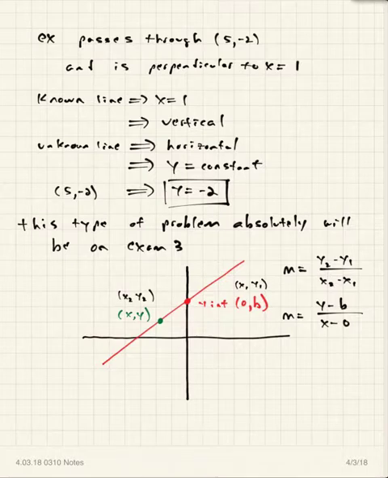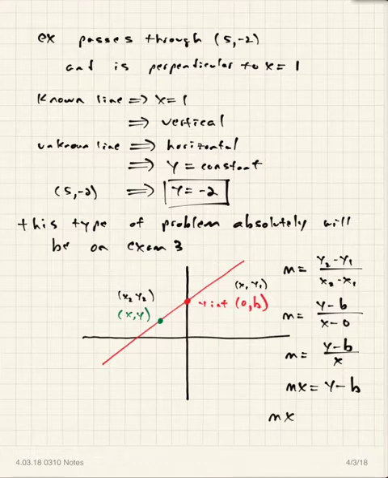Now, x minus 0 is just x, so that's good. So you have y minus b over x. And then I multiply both sides by x to clear the fraction out. So you have mx equals y minus b. And then finally you add b to both sides and you get mx plus b is equal to y.